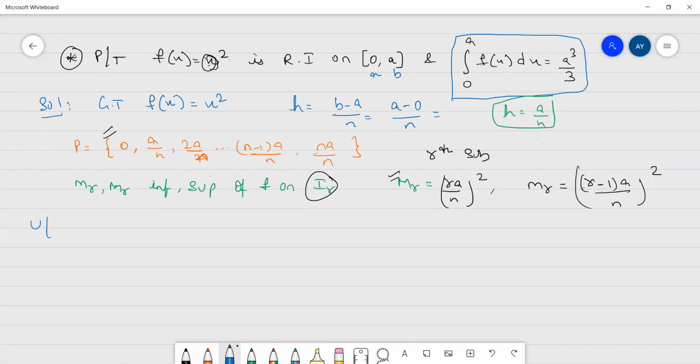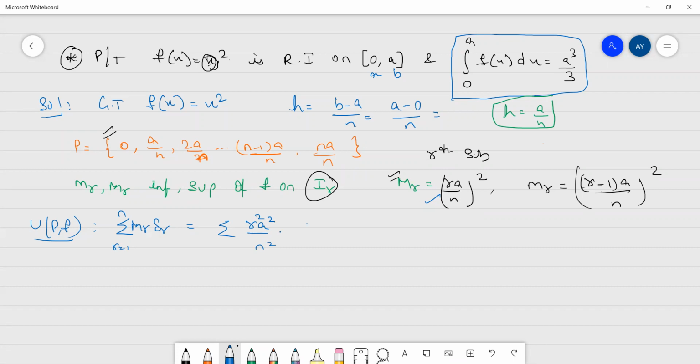Now we have to find UPF and LPF. What is UPF? Summation r equals 1 to n of capital MR into delta r. Capital MR is r square a square by n square, into delta r. What is delta r?